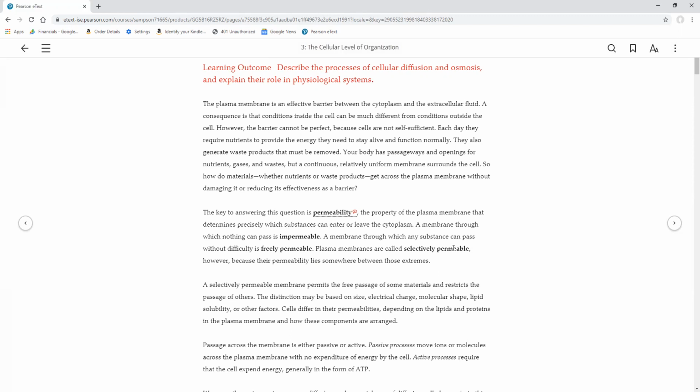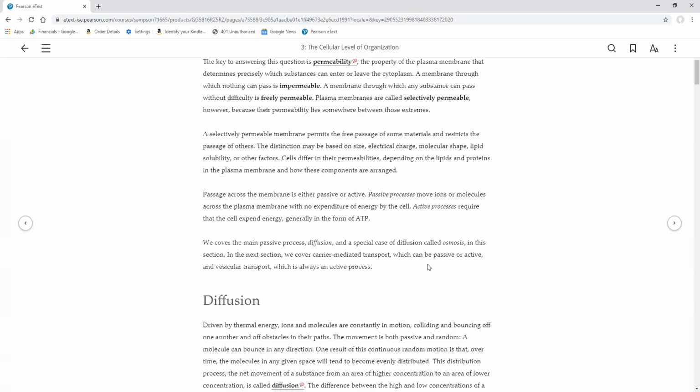Part of that property is because they have polar heads and non-polar tails. And the other thing is we have protein channels that allow certain things to come in at given times. So things are either freely permeable, selectively permeable, or impermeable. But our cells are selectively permeable. Only certain things are invited to the party.